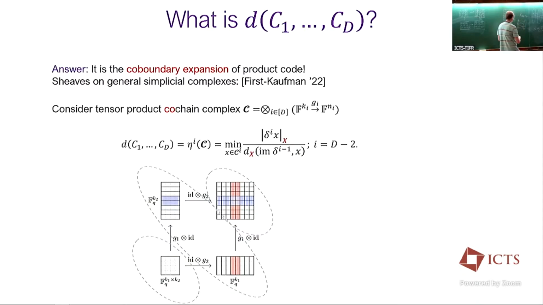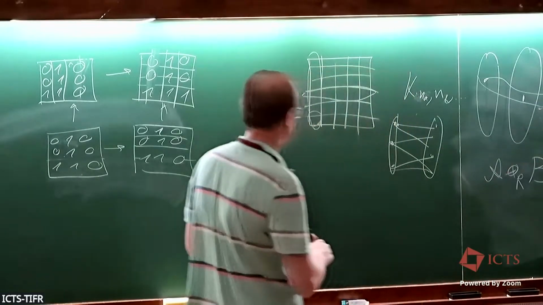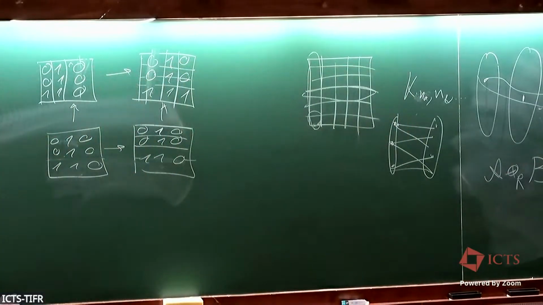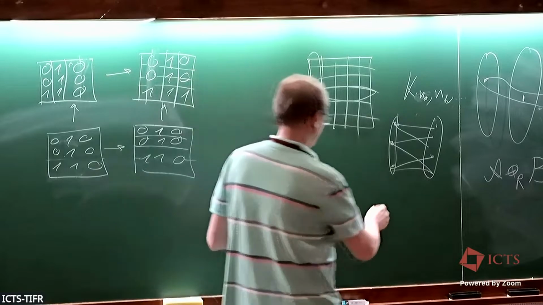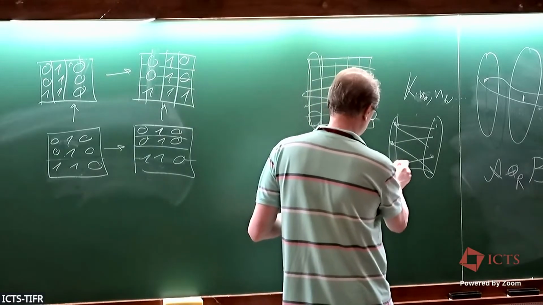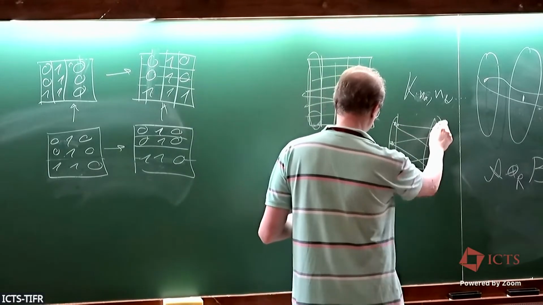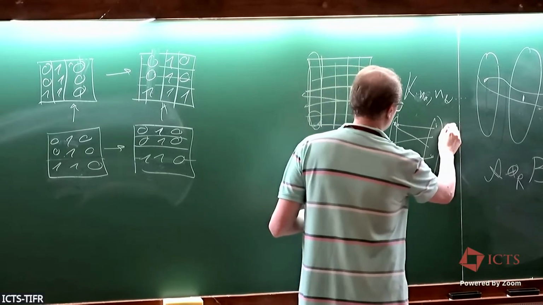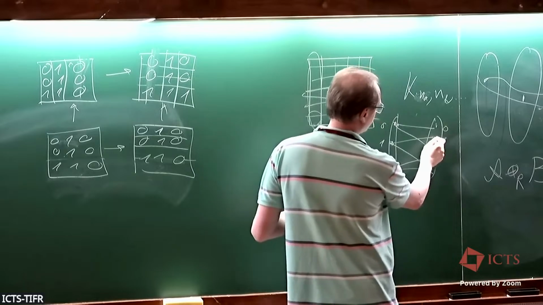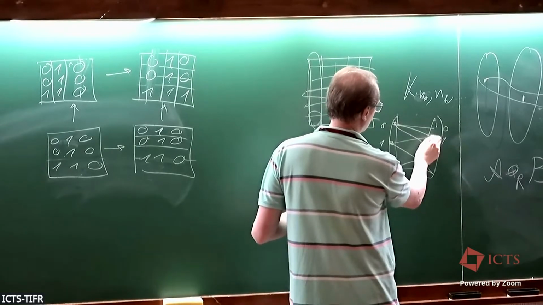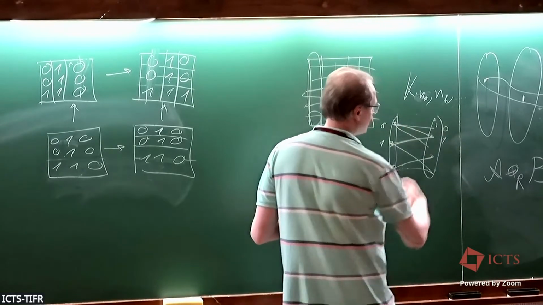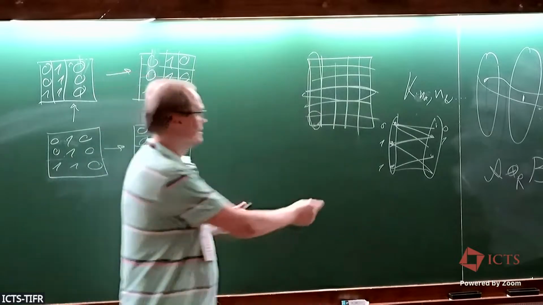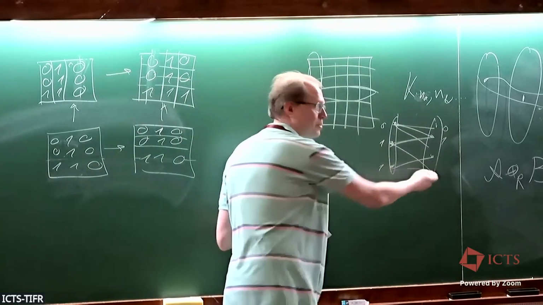How do we define it in this case? Here we put some bits, and these bits are propagated to edges. So we put some bits here, put some bits here.